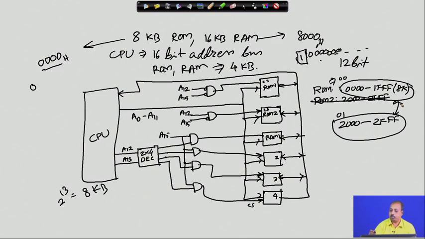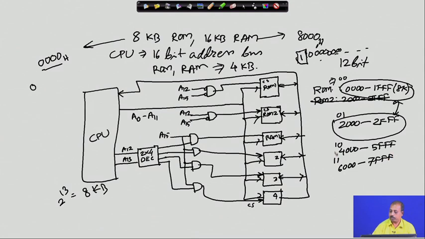Similarly, the two bits A13, A14 may be 1 0, and as a result you will again get the same address space repeated from 4000 to 5FFF, and when the two bits become 1 1, you get the space repeated from 6000 to 7FFF.